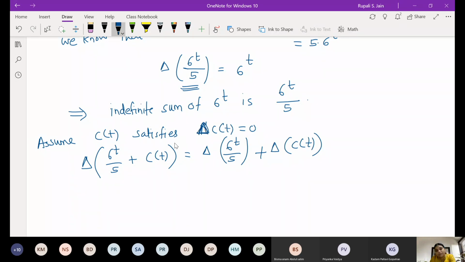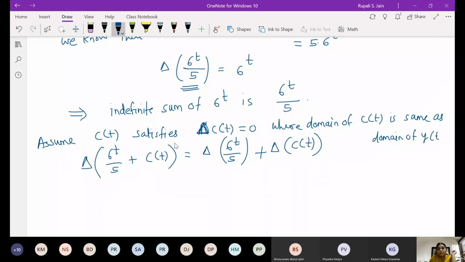In integration we take a constant, but here there are some functions whose difference will be zero. If I apply the difference operator on that function, I will get 0. So consider c of t as a function which satisfies delta c of t equal to 0, in the same domain, where the domain of c of t is the same as the domain of yt.